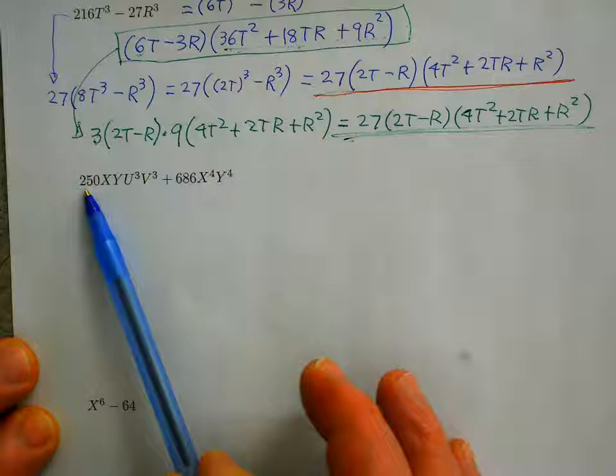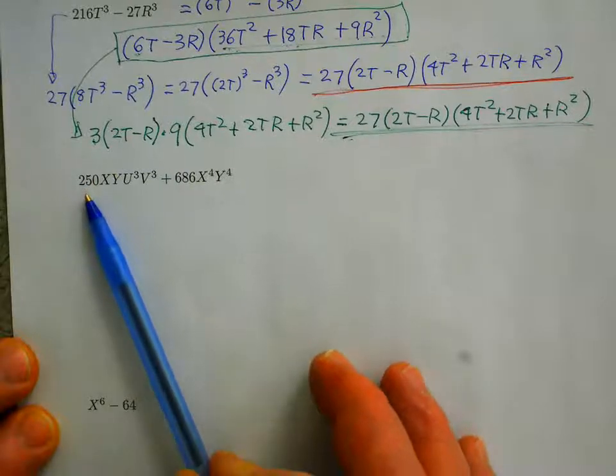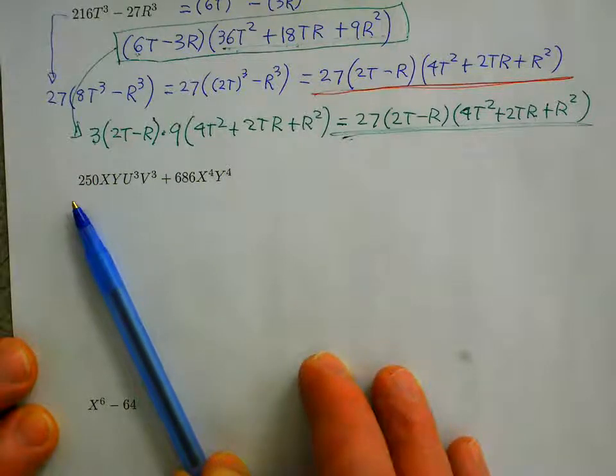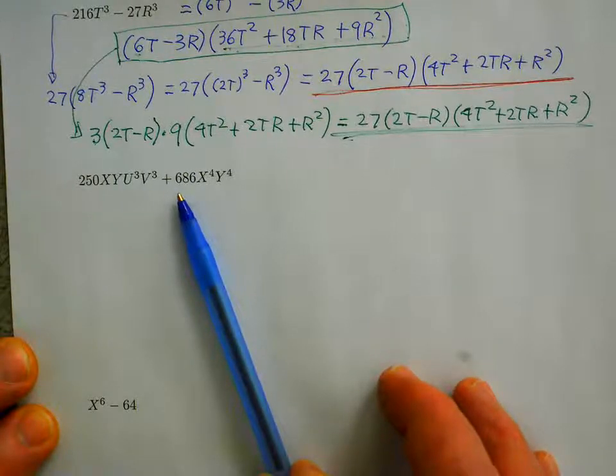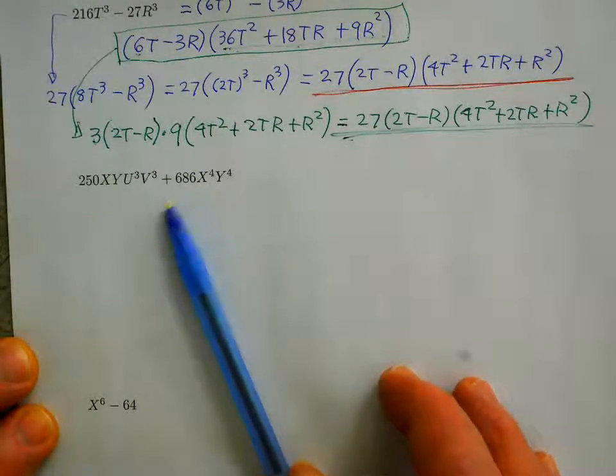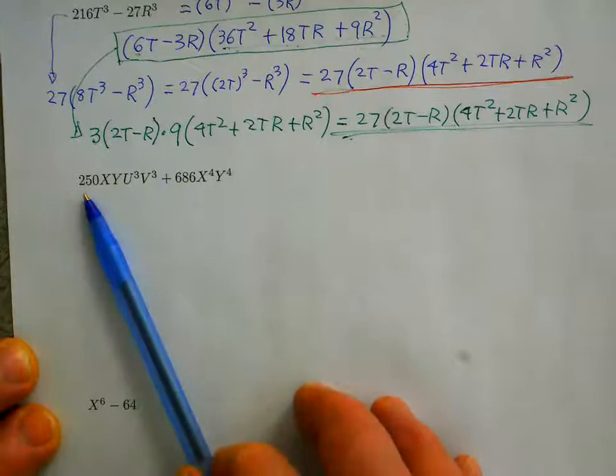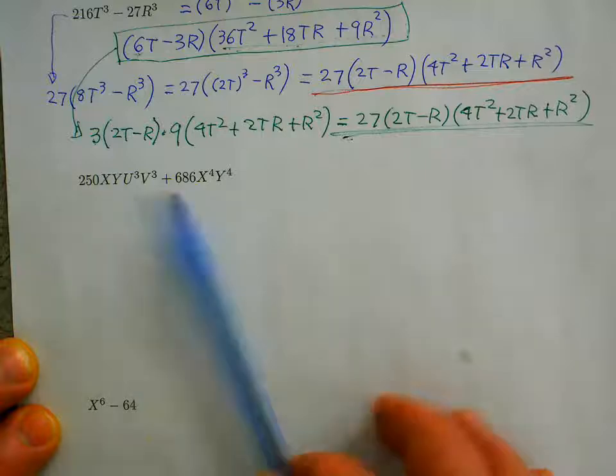Well, 2 times 125, the factors of 125 are 5 times 5 times 5. And then 2 times 343, the factors of 343 are 7 times 7 times 7. So 2 is the greatest numerical factor.